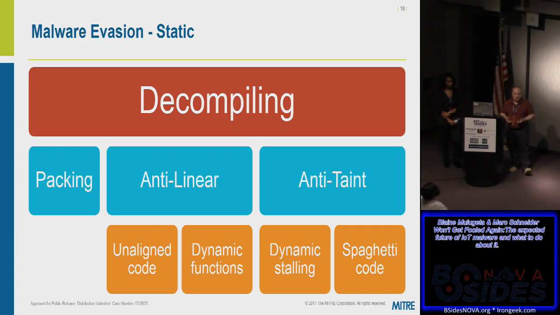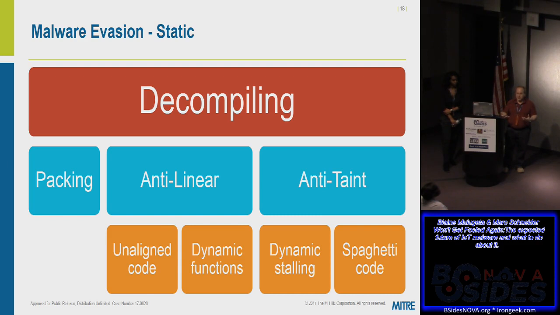Anti-taint is sort of interesting. Spaghetti code is probably the easiest way to understand this. When people talk about spaghetti code, if you're a software developer, they said, oh, that's a bunch of spaghetti code. You just did a bad thing. Everybody said, no, no, no, you don't want to write spaghetti code. No one can understand your spaghetti code, okay?